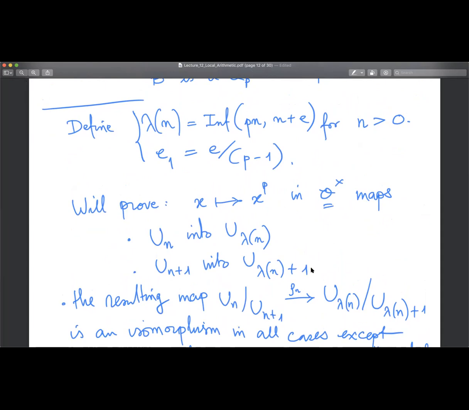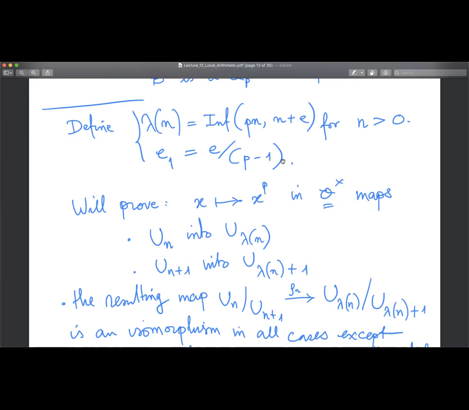Okay. So now I come to a slightly different thing. I now want to determine the structure of K star. K is the p-adic field, capital K. I want to determine the structure of K star modulo pth powers. Now we have already done it in one case.